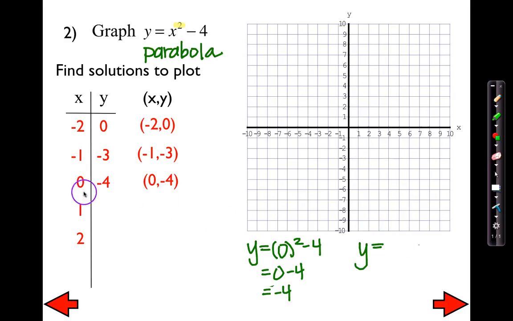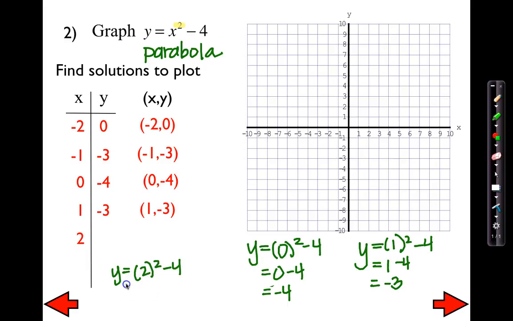Now we're going to plug in a 1 for the x value, leaving me with 1 squared, which is 1, minus 4 gives you -3. So my ordered pair is (1, -3). And last but not least, I'm going to plug in a 2. So y equals 2 squared minus 4. 2 squared is 4. 4 minus 4 is 0. So my ordered pair is (2, 0).